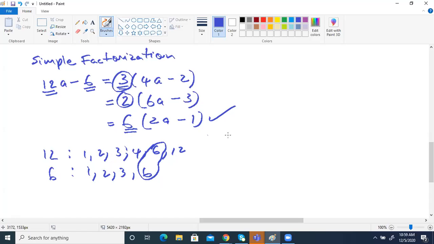All right, let me give another example. Let me give 12 and 8. So we know how 12 is set up. Let me put 8 down here.